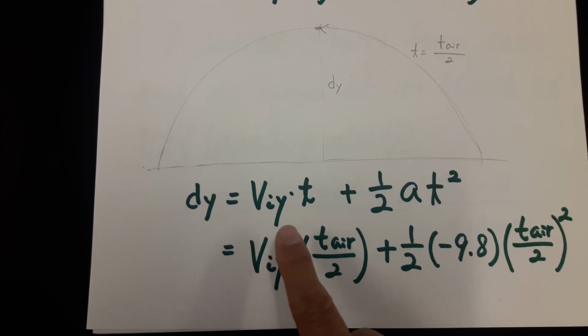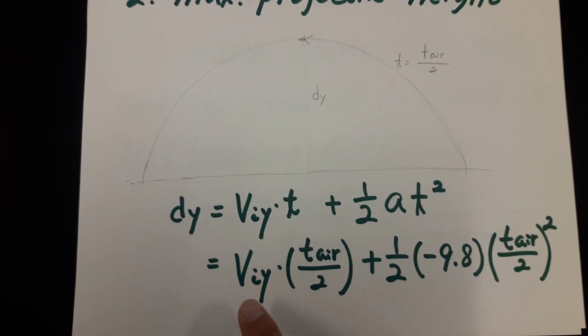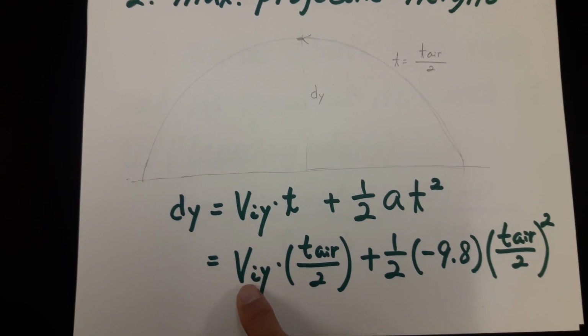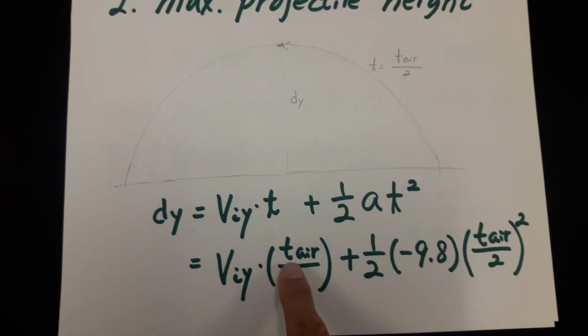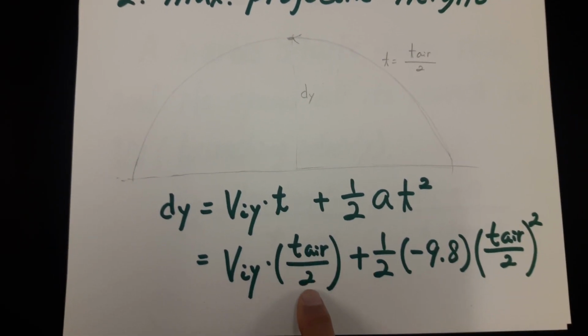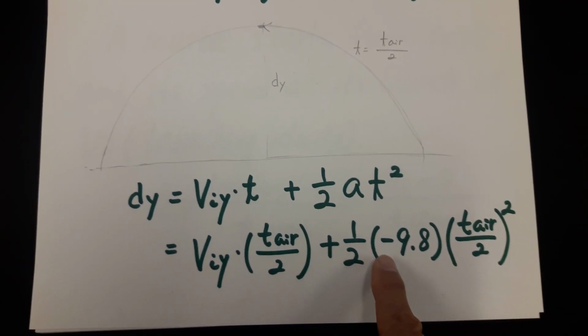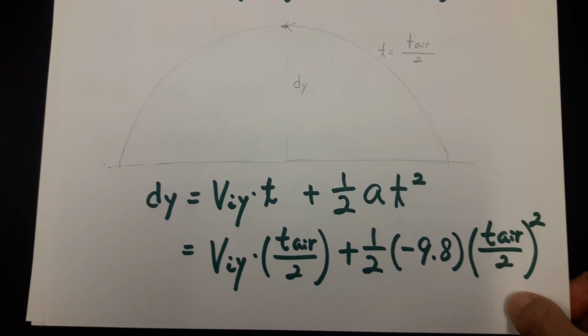When you use this equation, you have to use y component or vertical component. So initial vertical velocity times t, where t is half air time. So air time divided by 2 plus 1/2 times negative 9.8 times air time squared.